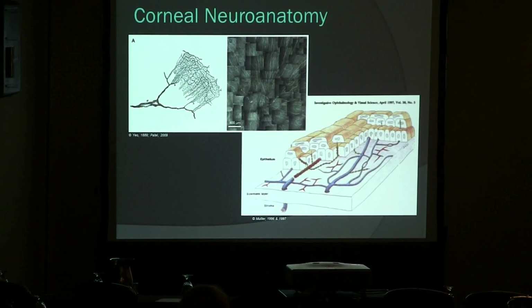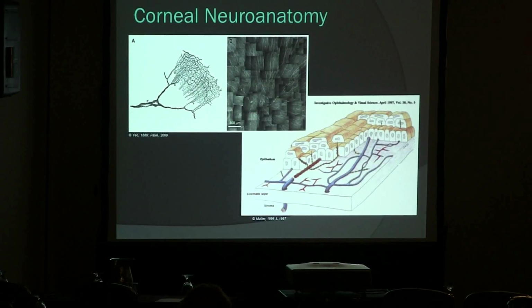In addition to the cellular response, we are also interested in corneal nerves. Here we have a couple images illustrating a normal human corneal neuroanatomy. Here we can see structure A in the upper left-hand figure, and then the blue fibers in the lower image.